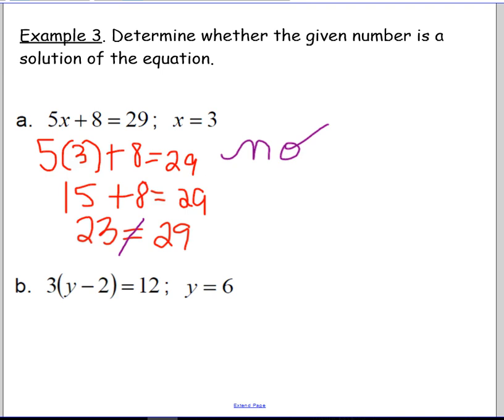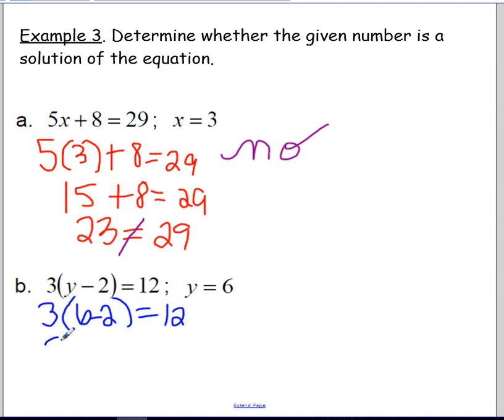Our next one has parentheses in it. And remember, we're supposed to simplify parentheses before we multiply. So we're going to have 3 times whatever we get when we get the difference between y minus 2. Here, y equals 6, so we'll put 6 minus 2, and that is supposed to equal 12.